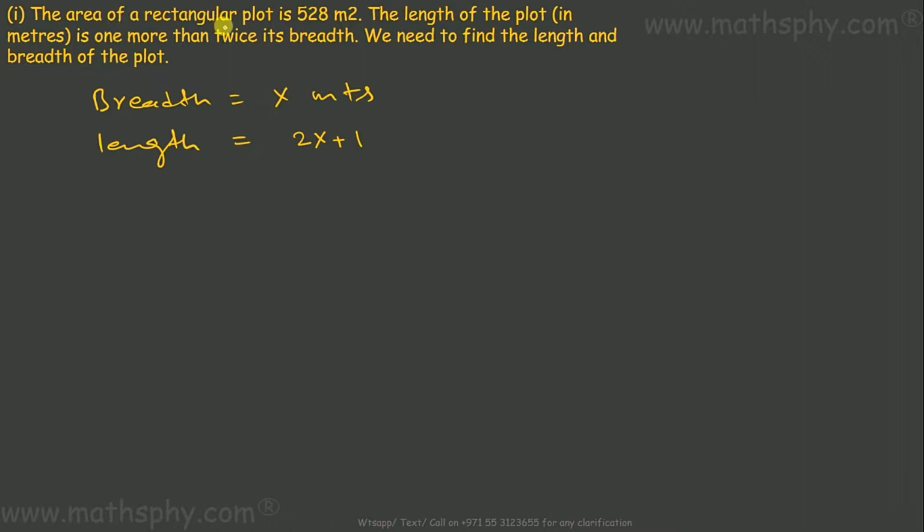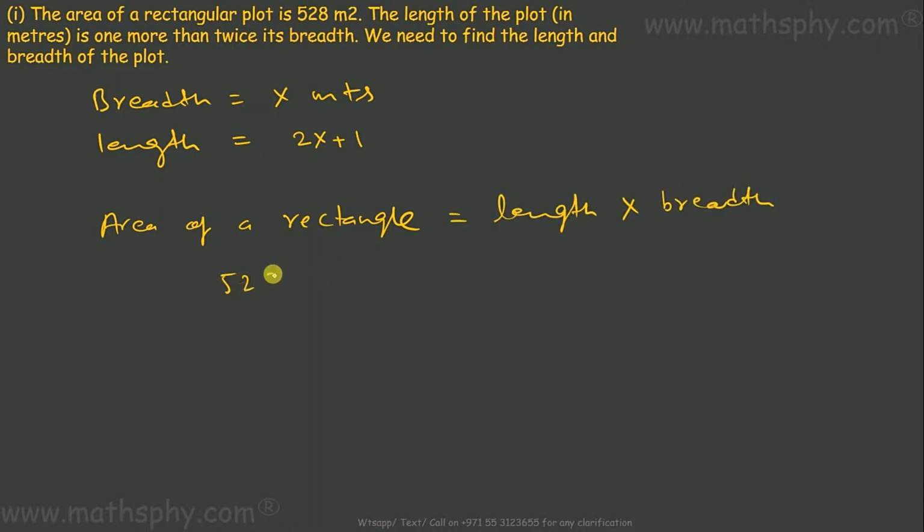Area of the rectangular plot is 528 meters square. I know area of a rectangle is length into breadth. Area is given here, which is 528 meters square. Length is 2x plus 1 and breadth is x.